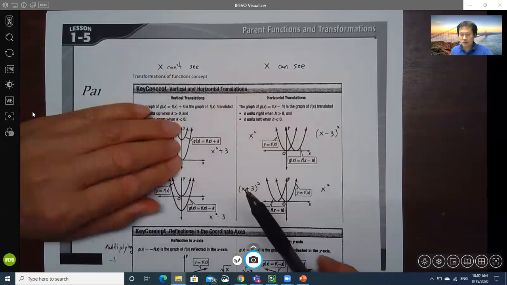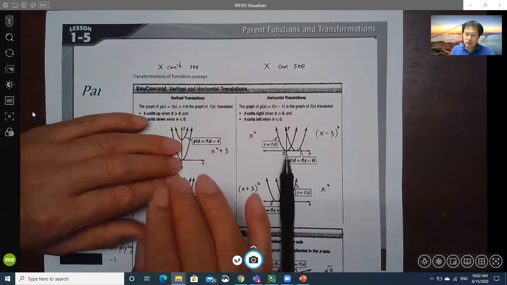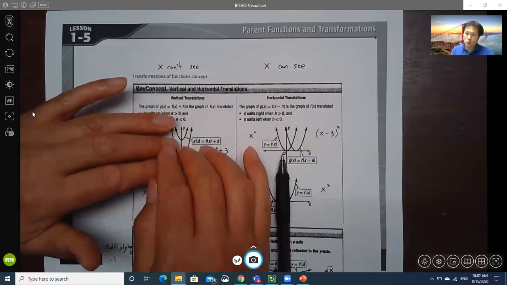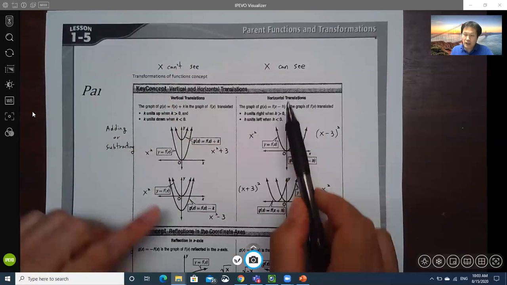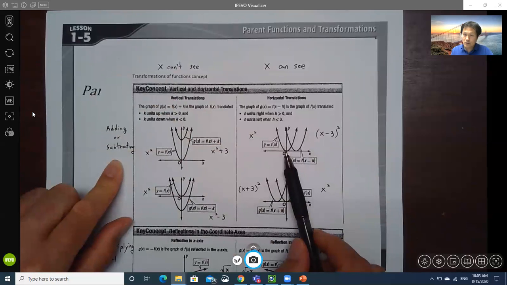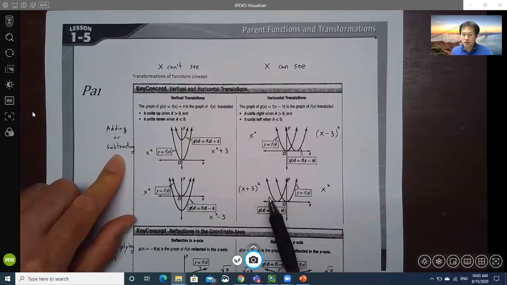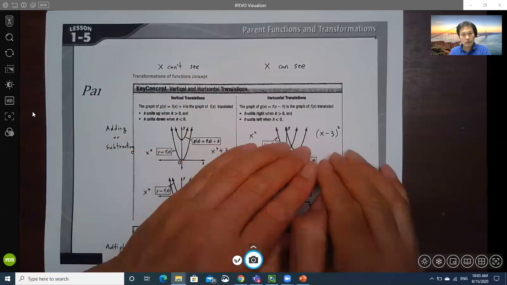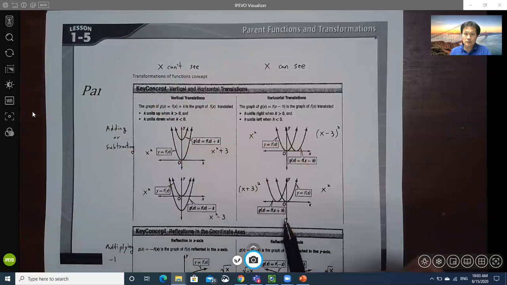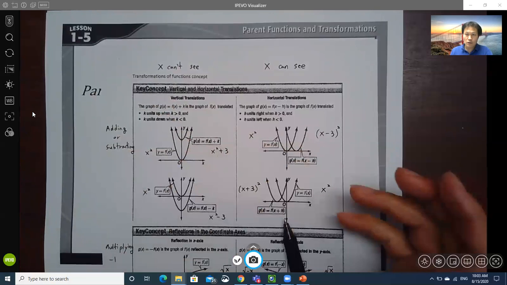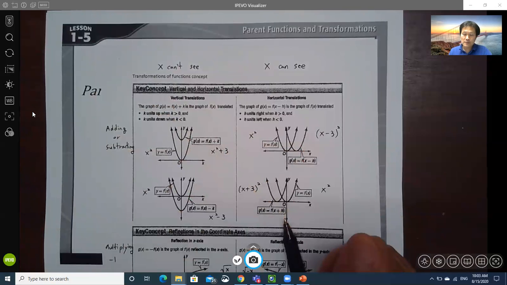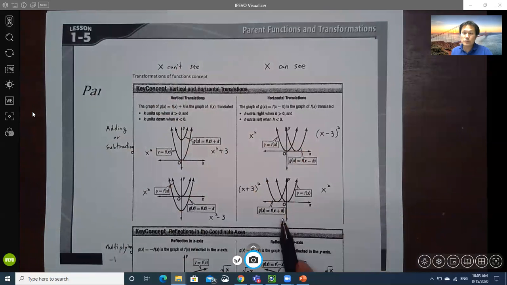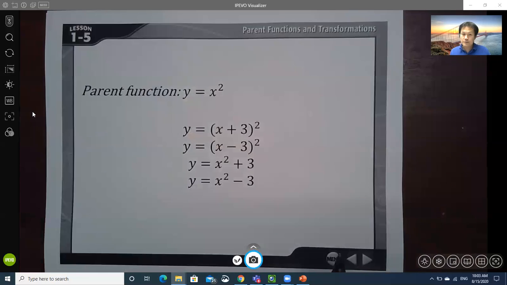That means it has something to do with y, meaning it's going up or down. If x can see the number added or subtracted, then x has something to do with that number, meaning we are shifting either to the right or left. So it all depends on whether x can see the number or x cannot see the number. You might say, what do you mean x can see, x cannot see?